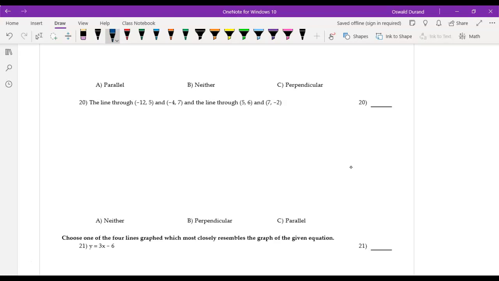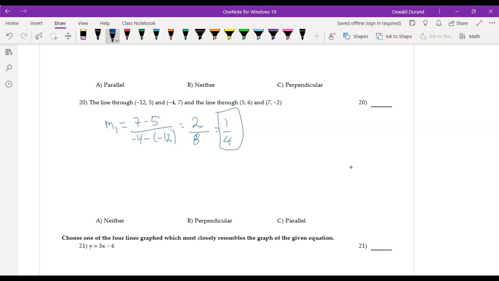Okay, so let's find m1, 7 minus 5, and then negative 4 minus negative 12. That's going to be 2 over negative 4 plus 12. That's 8, which gives us 1/4. That's m1.